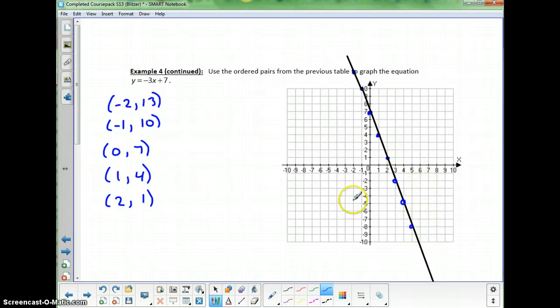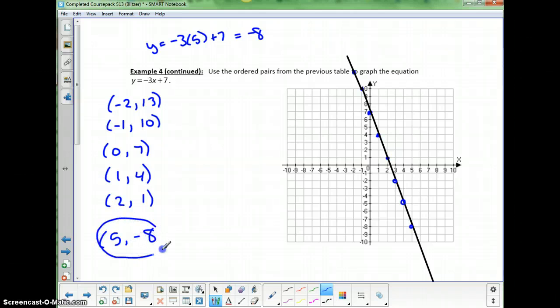For example, if I choose 5 for x, then y equals negative 3 times 5 plus 7. That's negative 15 plus 7, which is negative 8. And let's check. 5, negative 8. Perfect. So you can see the ordered pairs that I didn't already find show up on my graph as well. So the graph represents all possible ordered pairs for this equation.